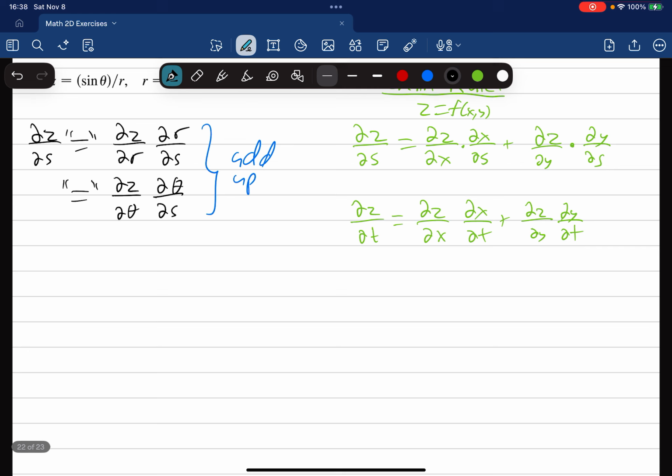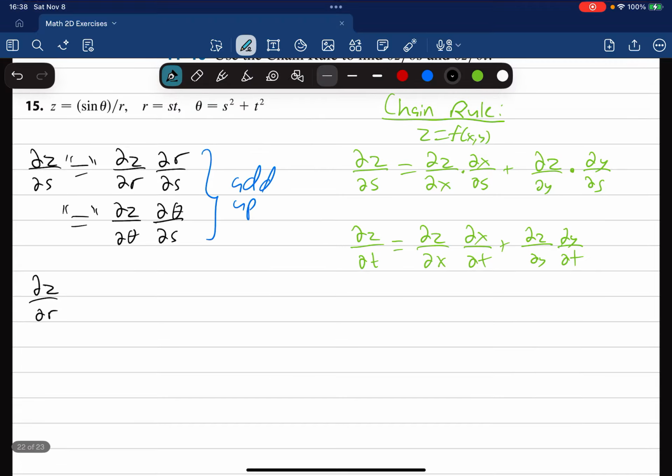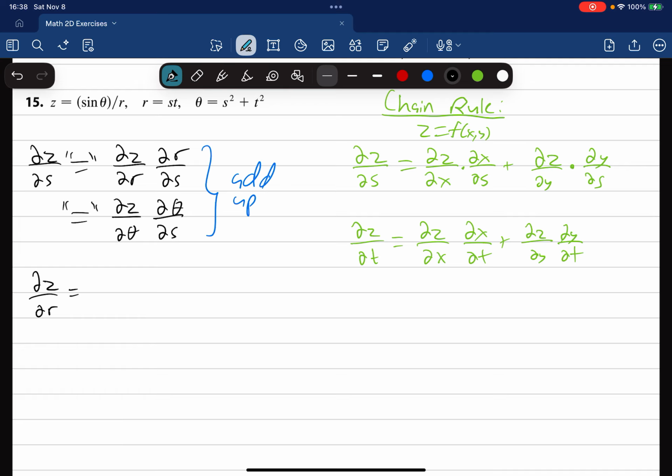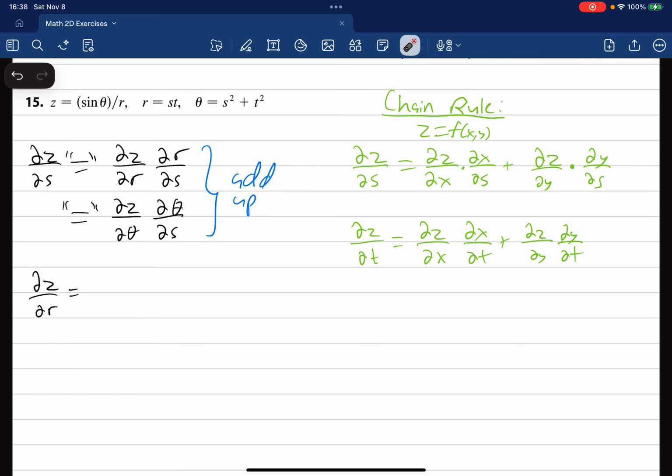So, okay, let's compute these. Partial z with respect to r, well, this is right here.